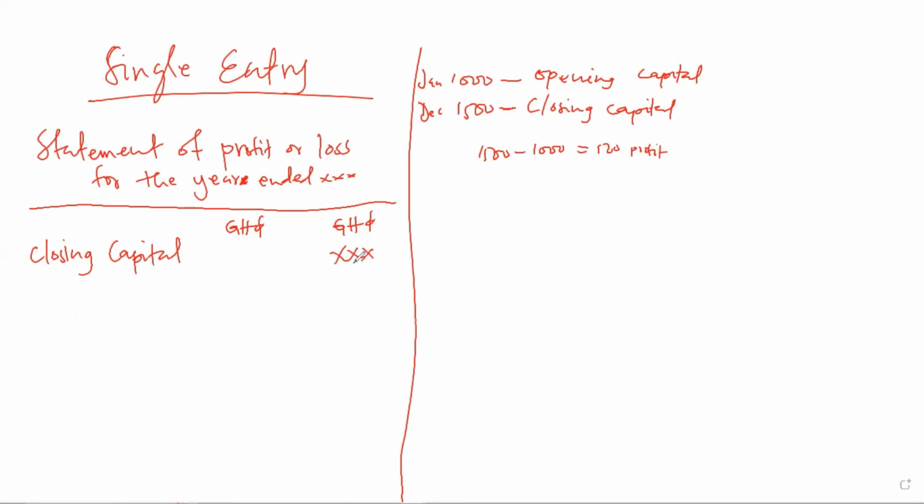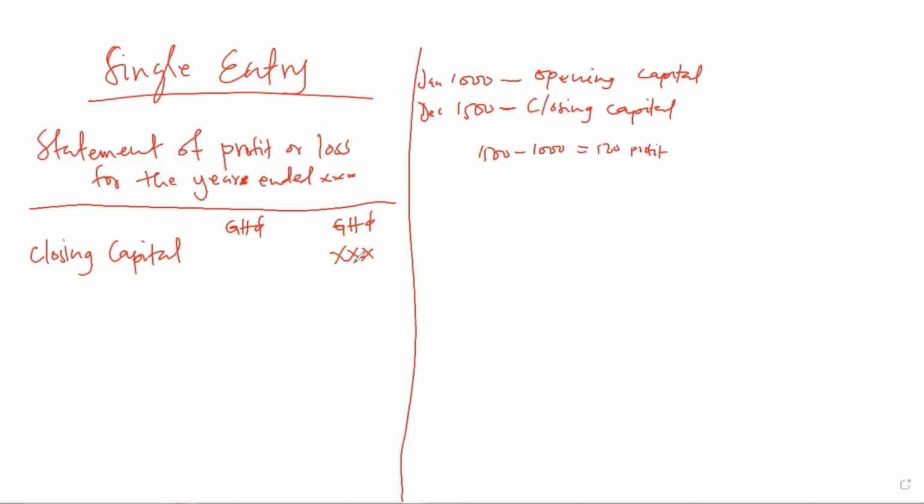One thing that you should know is when there are drawings within the year, if the proprietor or the sole trader withdrew some amount of goods or cash from the business, since he has withdrawn from the business and we want to know the true net profit of the business, we need to add back.